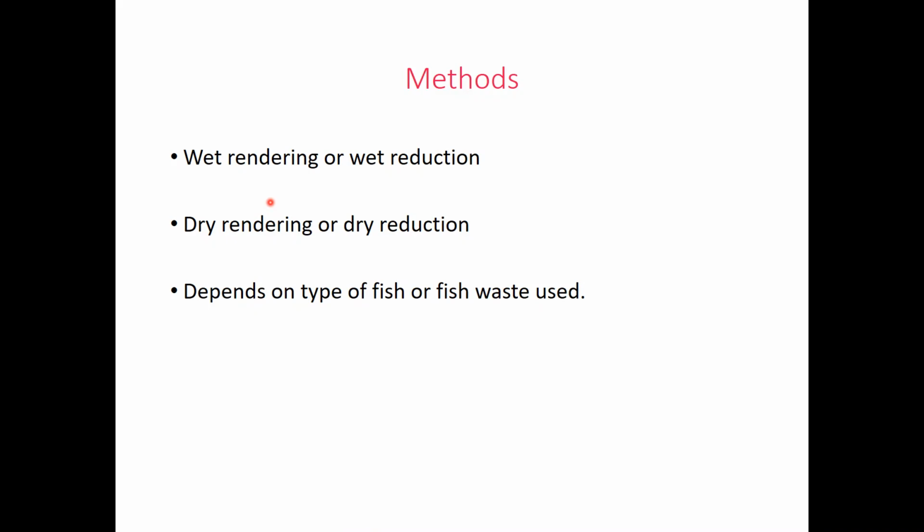The application of these methods depends upon the type of fish or fish waste used, basically the percentage of oil, whether it is fatty or lean. These methods apply to the type of fish or the type of waste we get from other processing industries.